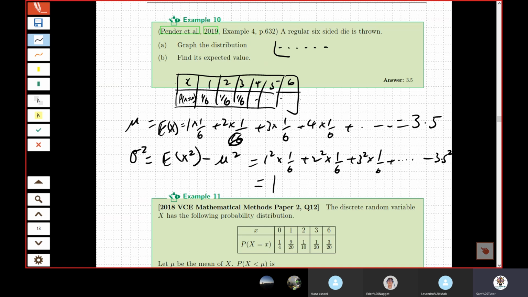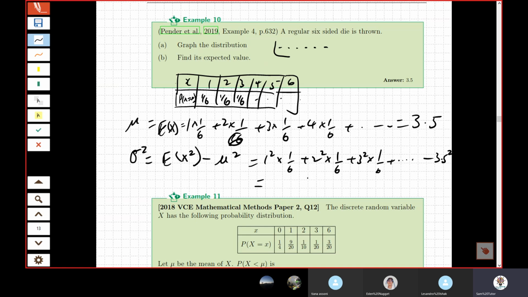Let's check. Unless I've lost it in my head what variance means. 5 squared times 1 on 6 plus 4 squared times 1 on 6 plus 3 squared times 1 on 6, 2 squared times 1 on 6 plus 1 squared, which is just 1 on 6, minus 3.5 squared.